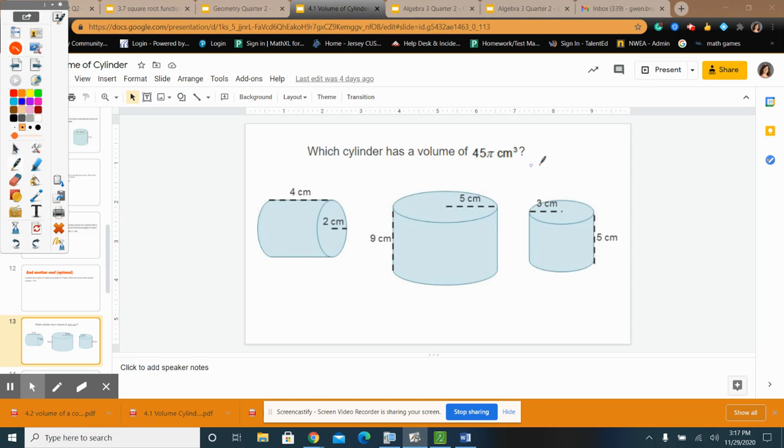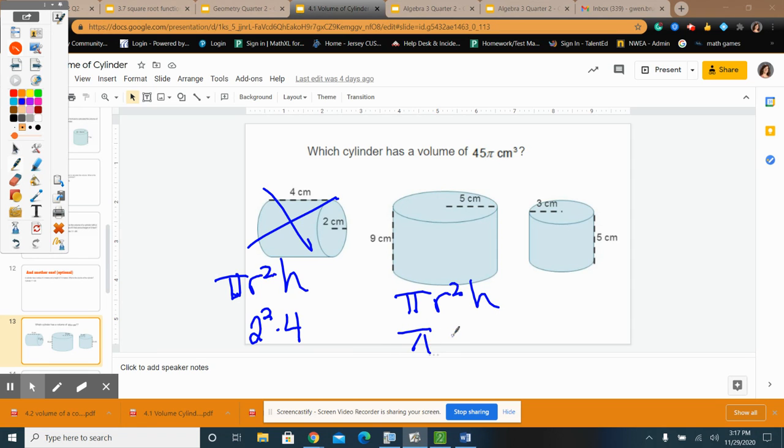Okay, so which one of these has 45 pi as your answer? Well, remember, it's pi r squared h. So really, we can kind of just hold on to the pi because they're all going to have pi's in it, but you can look at it if you want. The radius here is 2 squared times 4. Does that give me 45? No, that gives me 16. So it's not this one. How about this? Pi r squared h.